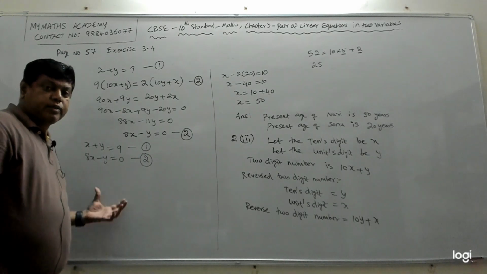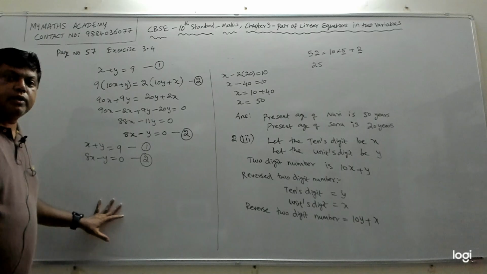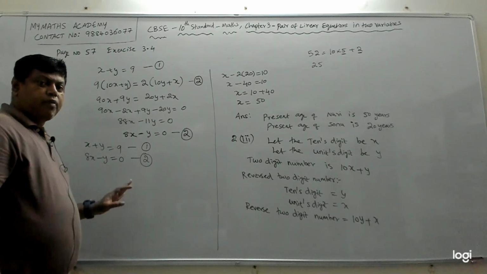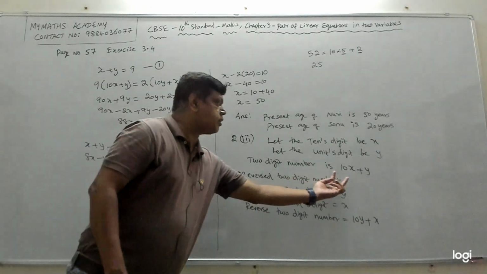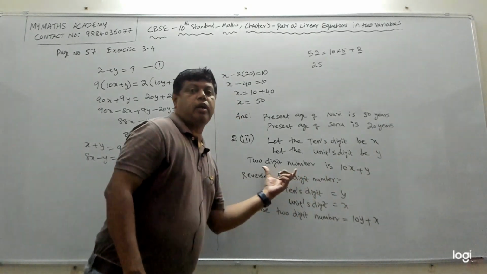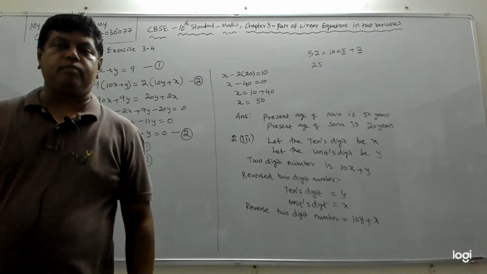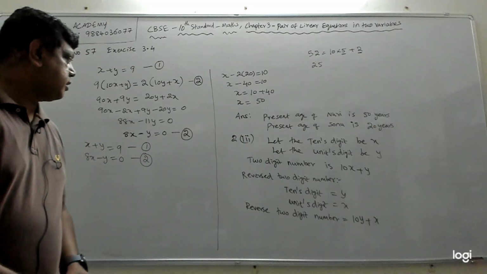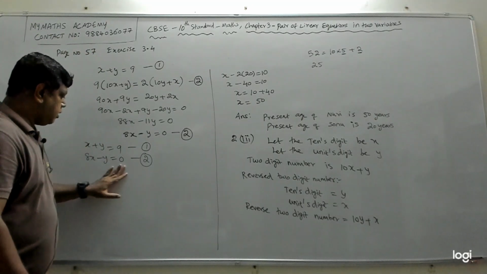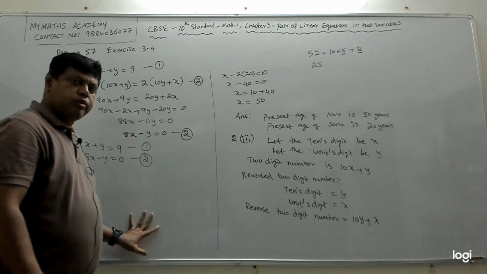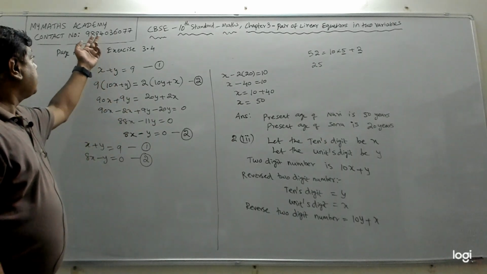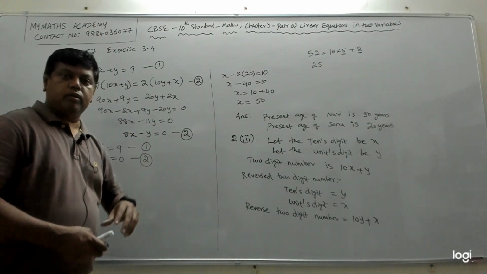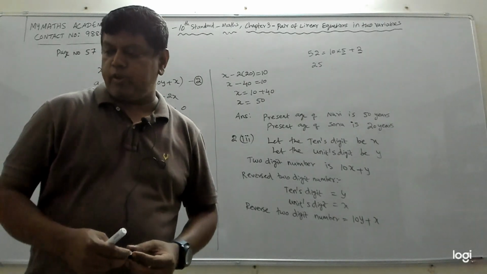Check whether the solution exists. Then you solve by elimination method. Find x and y. After finding x and y, you substitute to get the two-digit number. Assume you can solve this. You can continue this. If you have any doubts, you can WhatsApp me this number and I will try to clarify your doubts.